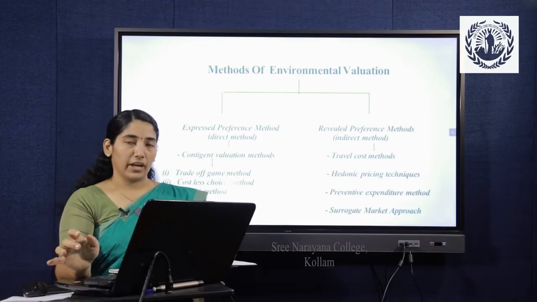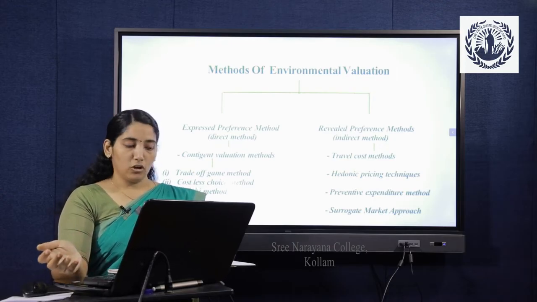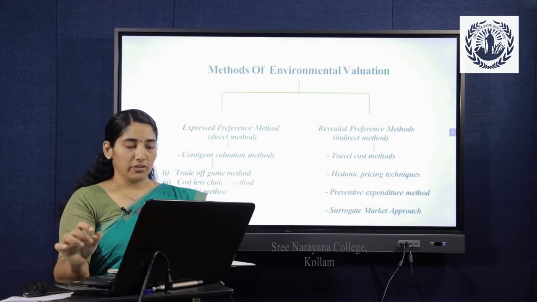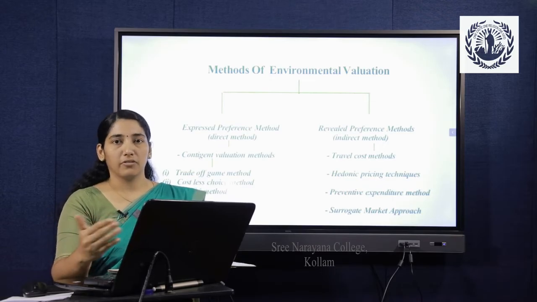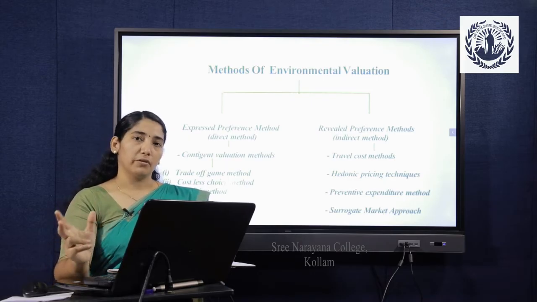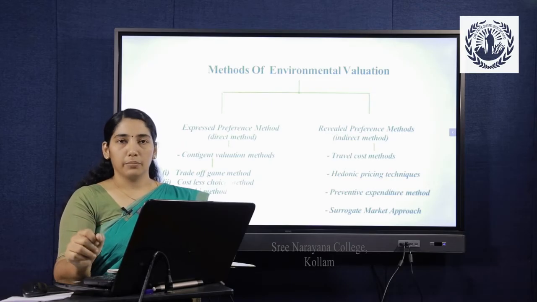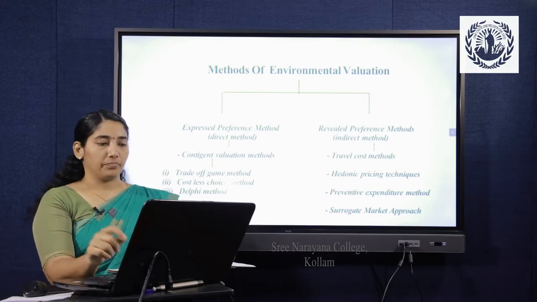Various taxonomies of techniques for environmental valuation have been developed to measure the economic values of non-marketable environmental goods. Here we have selected the taxonomy which clearly classifies the methods into two. First, the expressed preference method, and the second one is the revealed preference method. Expressed preference method is the direct method and revealed preference method is the indirect method.